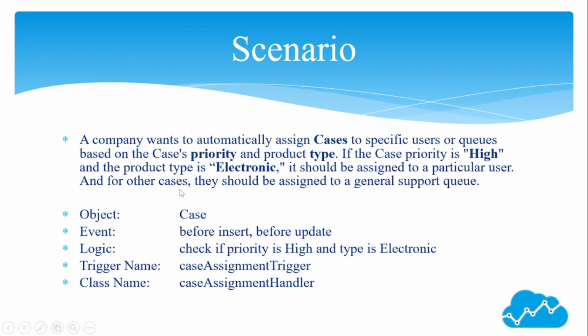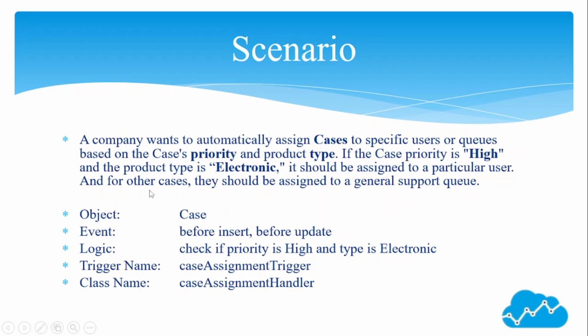For other cases, if the criteria is not met, they should be assigned to the general support queue. We are also going to create a general support queue and put some users in that queue. So if the criteria is not met, the case owner should be the general support queue.